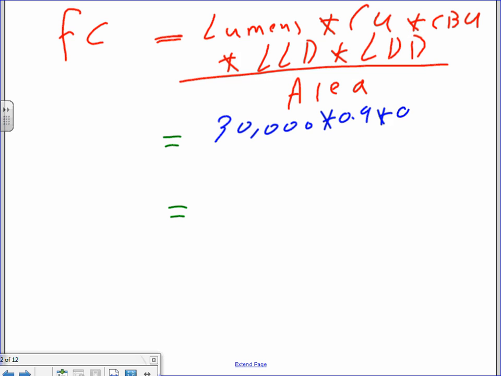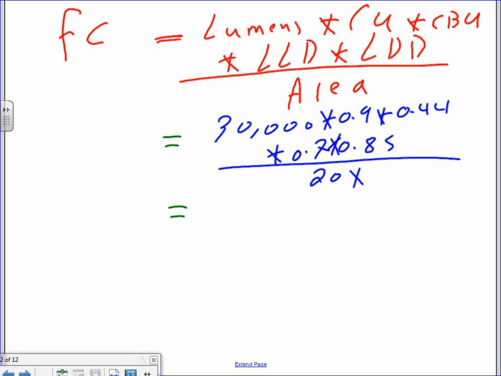Beam utilization is 0.44, multiplied by 0.7 is LLD, and LDD is 0.85. And when you divide everything by 20 times 20, that's the area. And gentlemen, your average foot candle will equal 18.